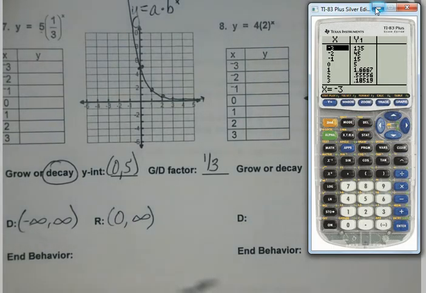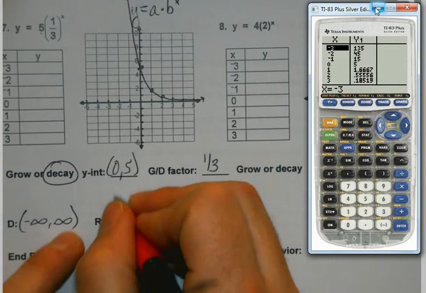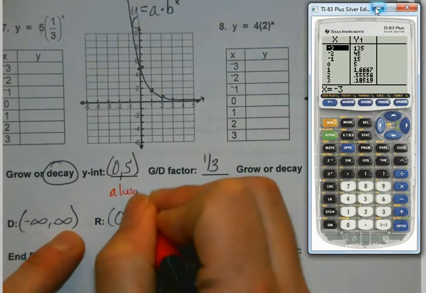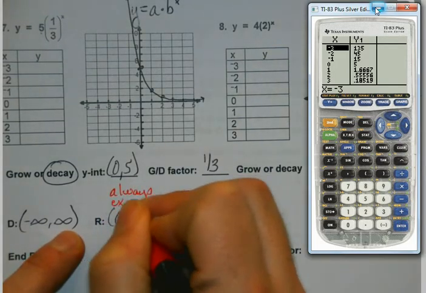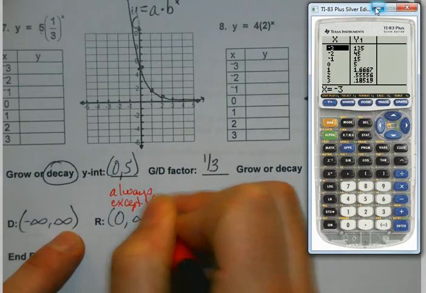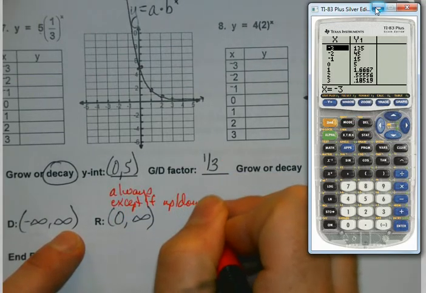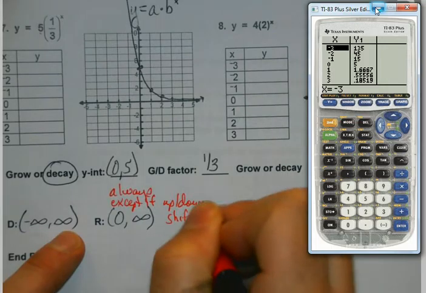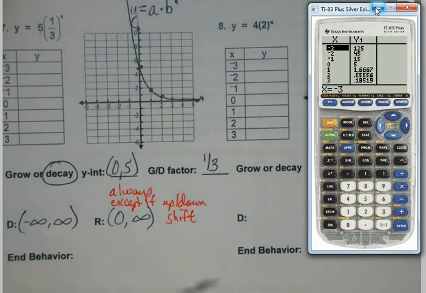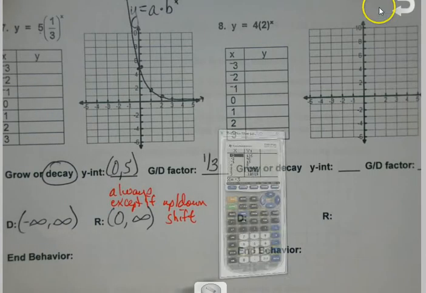And this is always the case, and we'll make note of this again, except if we have an up or a down shift. And again, we'll talk about that in a minute, because that's what we're going to roll ourselves into here momentarily.